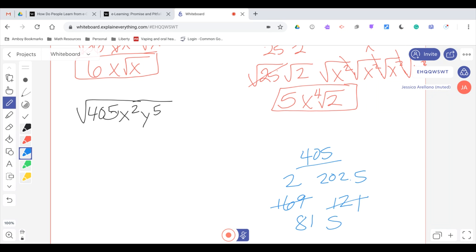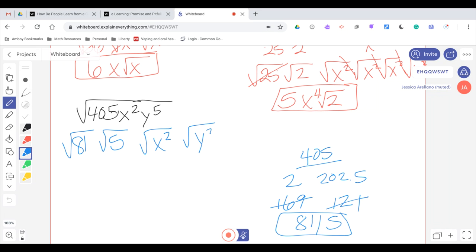81 and 5. Okay. So I've got 81, which is a square number. I've got 5. I have an x squared already, which is perfect. That's ready to cancel out. And I have a y to the 5th, which is going to give me 2 pairs or 2 sets of y squared and a y left over. So let's see here.